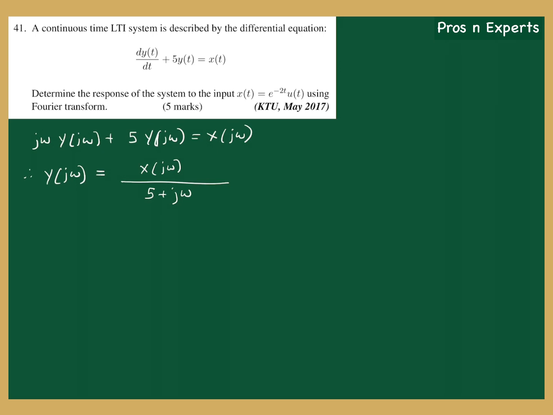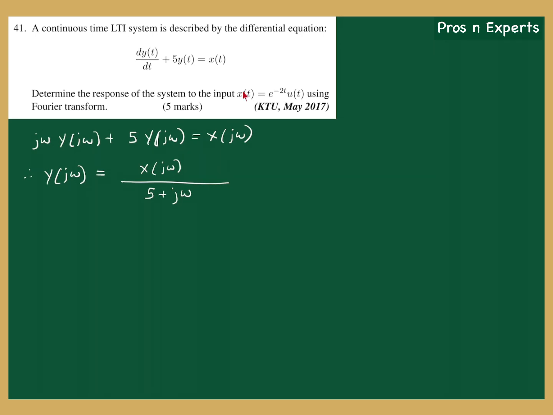Applying Fourier transform on both sides, the differential equation will become j omega into y of j omega plus 5 into y of j omega equal to x of j omega. Therefore y of j omega will be equal to x of j omega divided by 5 plus j omega.